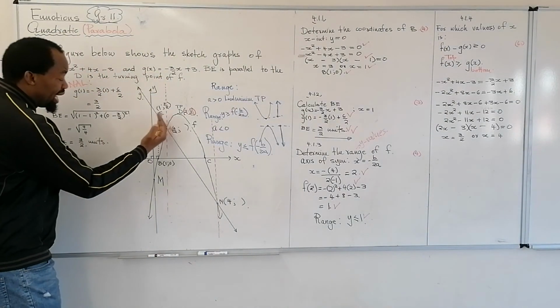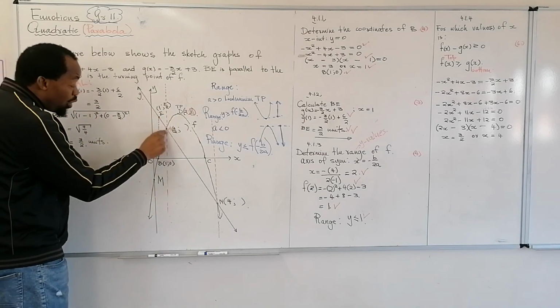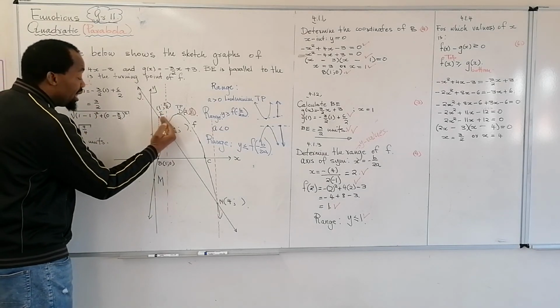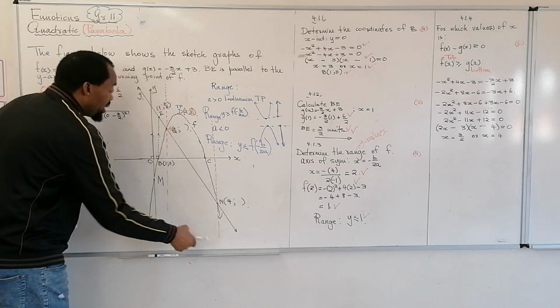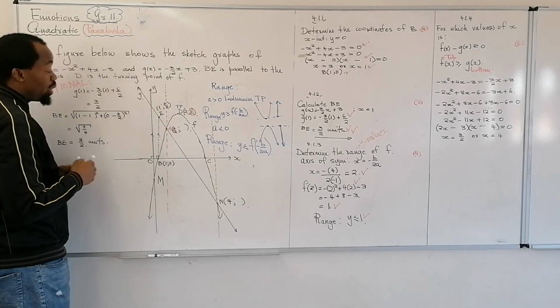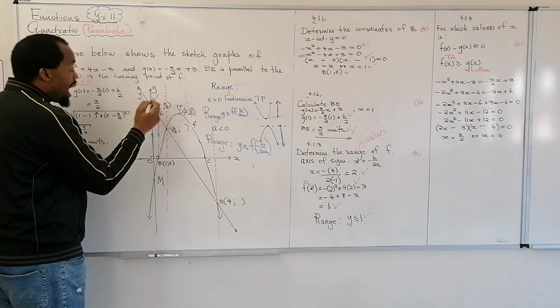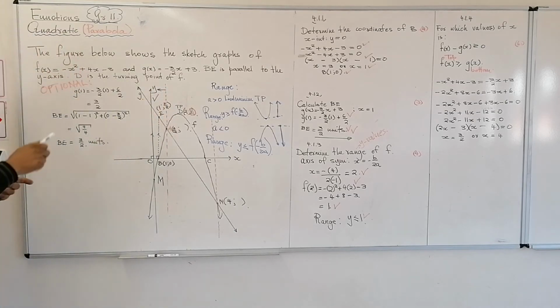Can you see that when you go to this side of that point where they are equal, this one is going up, this one is going down. And if you look at it, this one is always on top, this one is always at the bottom. Meaning that I must go this side if I want to get up.